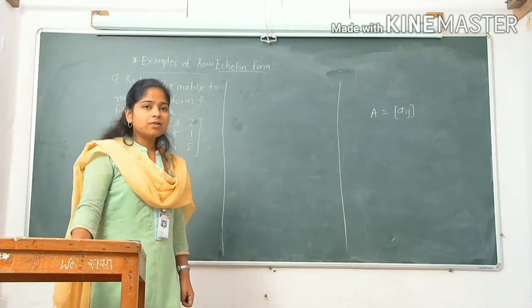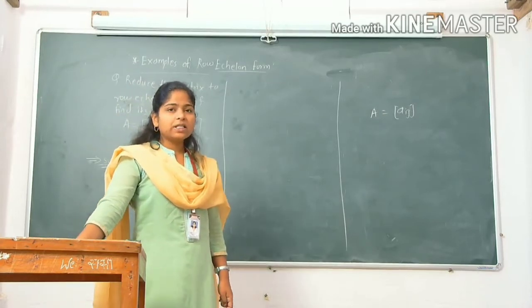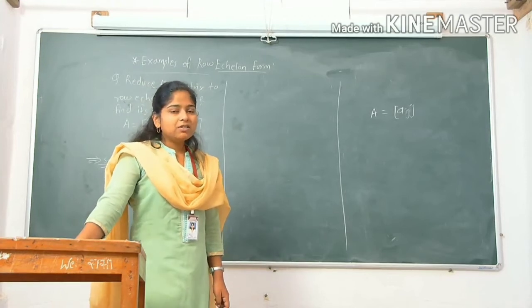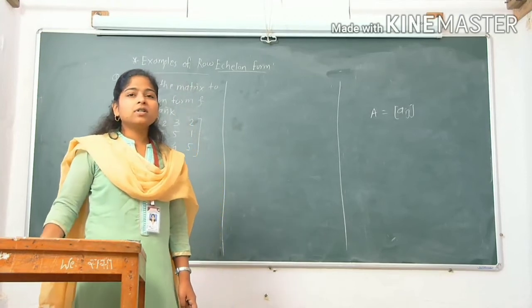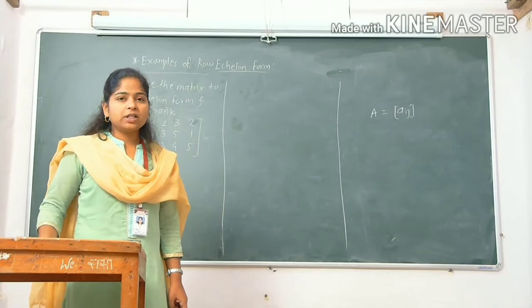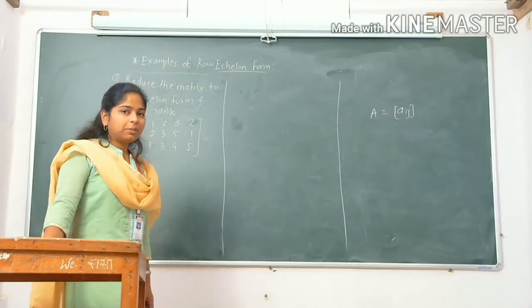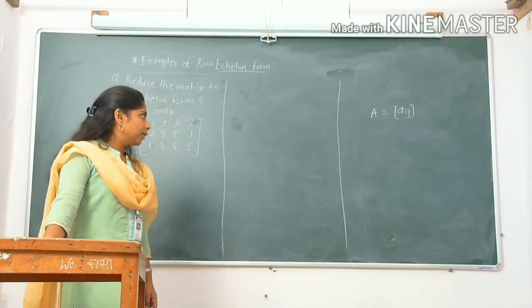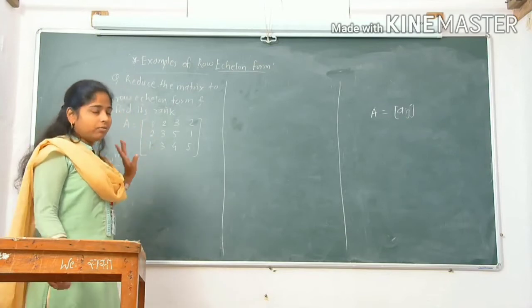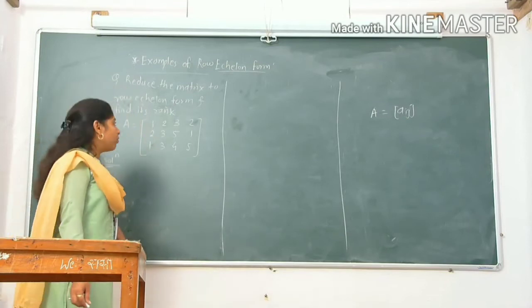And the first non-zero element in each row is equal to 1. But it is not necessary that the first non-zero element in each row is equal to 1. The other element will also work here. Now let us see examples of row echelon form.